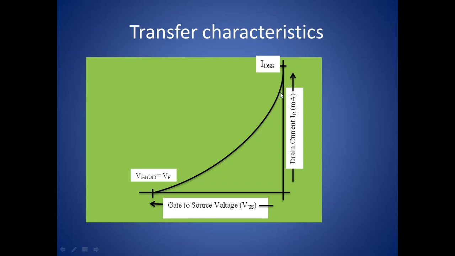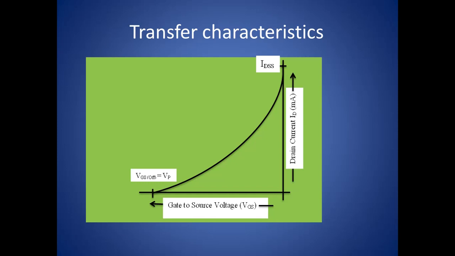The transfer characteristics are obtained by using the above circuit arrangement. First we adjust the drain to source voltage to some suitable value and increase the gate to source voltage in small suitable steps.